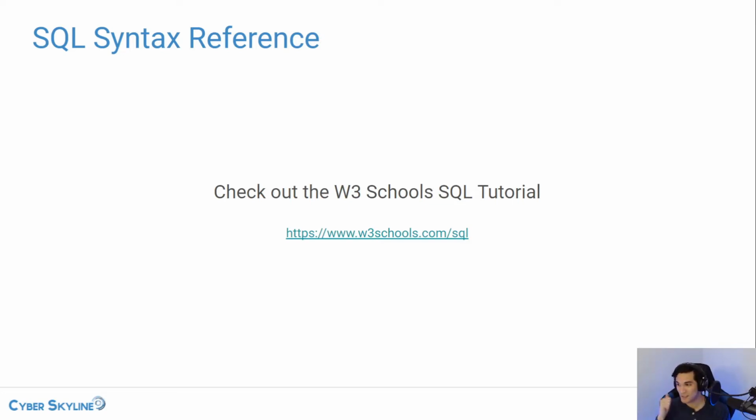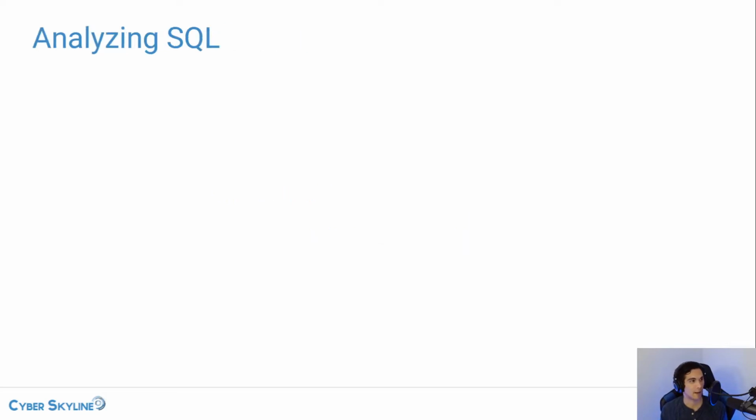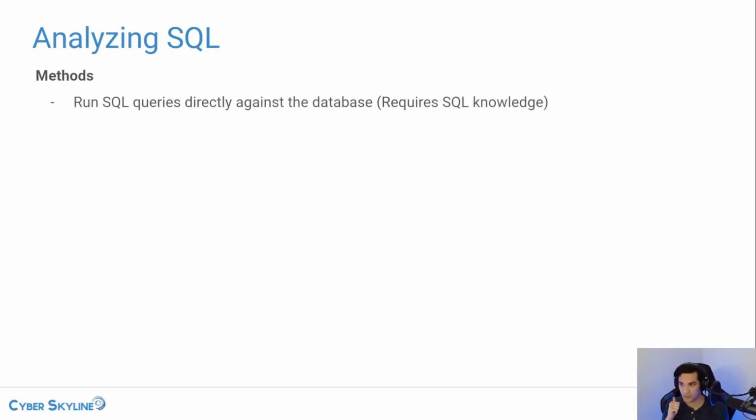All right, so let's get into the meat of the potatoes and talk about actually doing the analysis. I'm going to outline a couple methods here that you can use to do the analysis. The very most straightforward way of doing it is running a SQL query directly against the database. So if you've got access to the database, learn SQL and run your queries against the database.